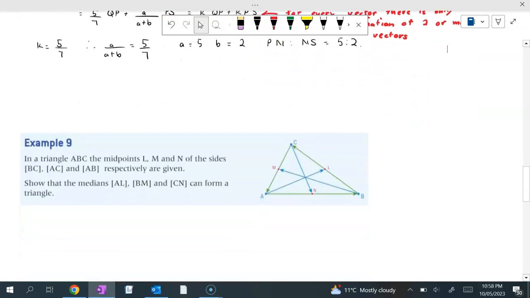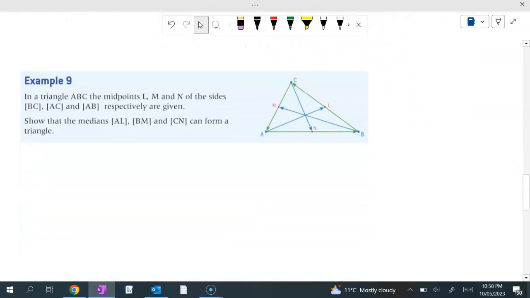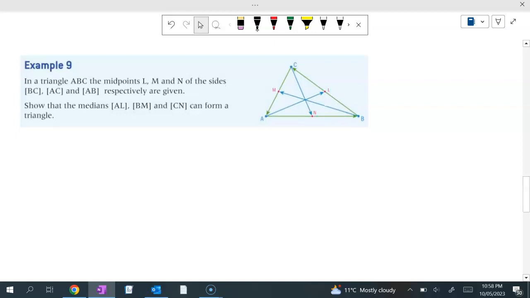Okay, alright, final question. In a triangle ABC, the midpoints LMN of the sides are given. Show that the medians, so AL, BM, and CN can form a triangle. Now the idea is that they'll form a triangle if they sum together to give 0. Now let's start by just looking at that.